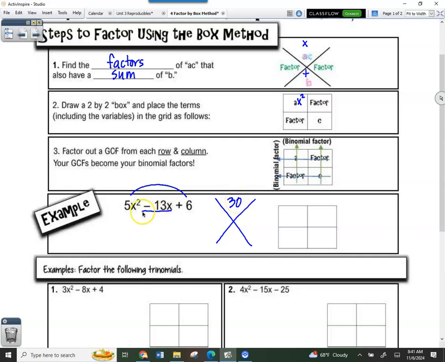I need it to add up to negative 13. Think of the factors of 30 that can somehow combine to give you negative 13. Take a second, try it.